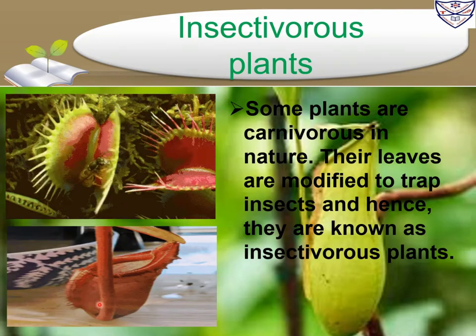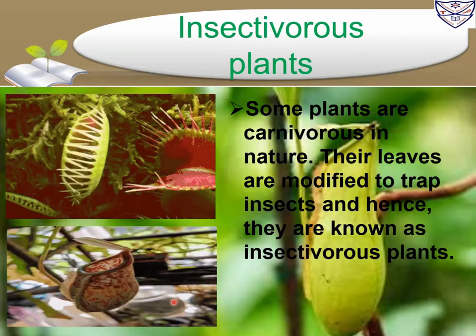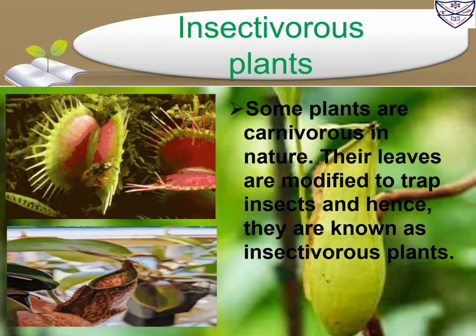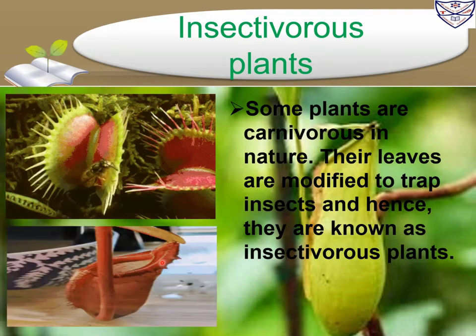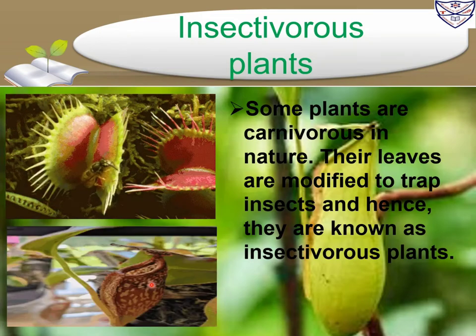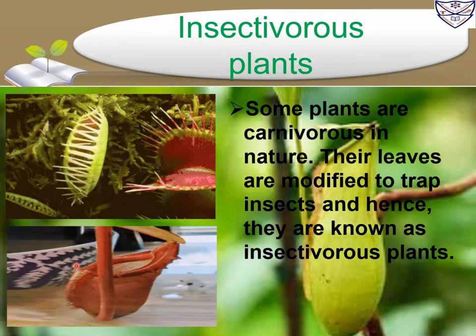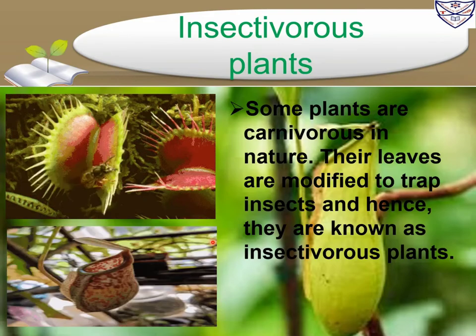Now this picture is of a Venus flytrap with hinges. They have long hair along the edges. When an insect touches the hair, the leaf snaps shut, trapping the creature inside. In the pitcher plant, leaves are in the form of a container or pitcher with a lid to cover the mouth of the pitcher.